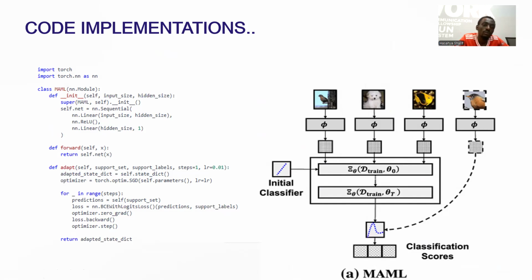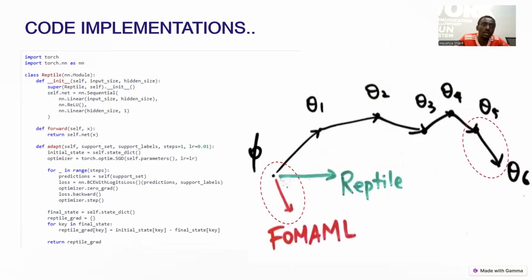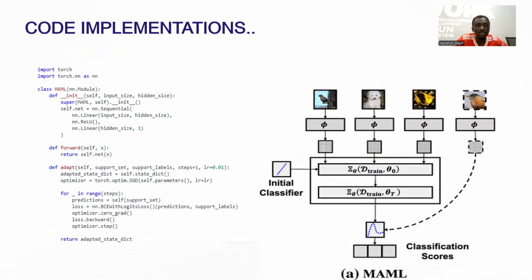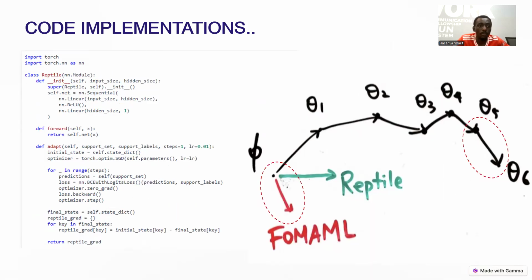Lastly is our Reptile implementation, and Reptile is almost similar to what we just covered, MAML. But the only difference here is that we keep on adding the weights to the next performance model.